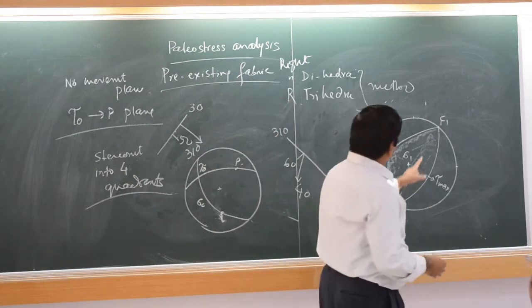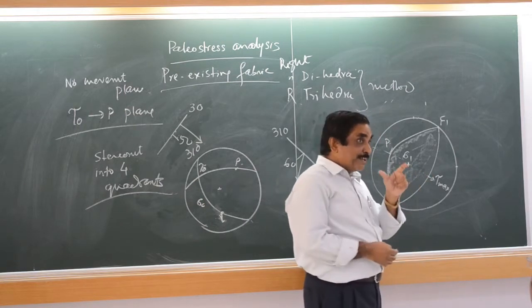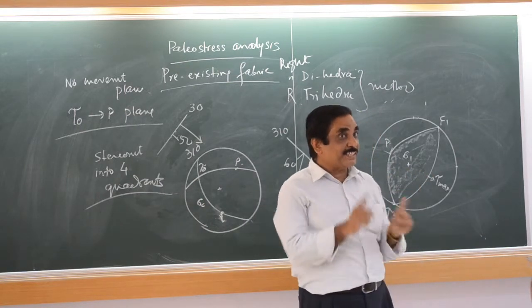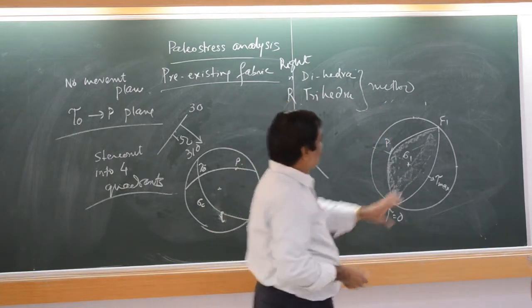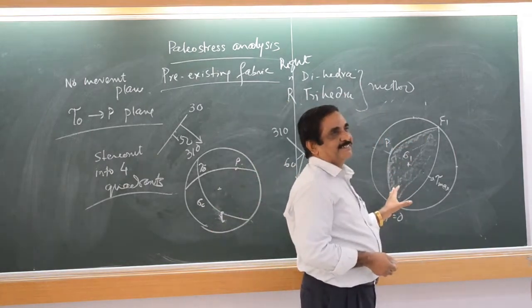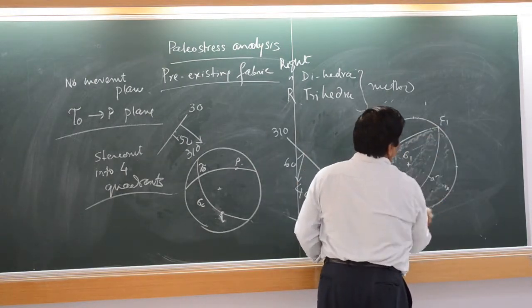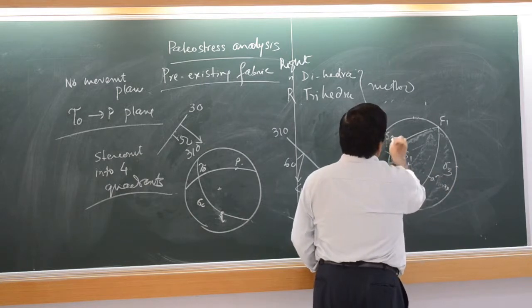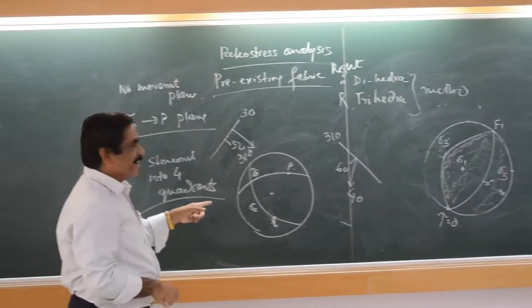It cannot be here, it may be here, you know. You are unable to point out because this point is not created the first time, na? It is a pre-existing structure. So this quadrant is the sigma 1 quadrant, and these 2 quadrants, ये sigma 2 का हो गया, ये sigma 3 का हो गया.